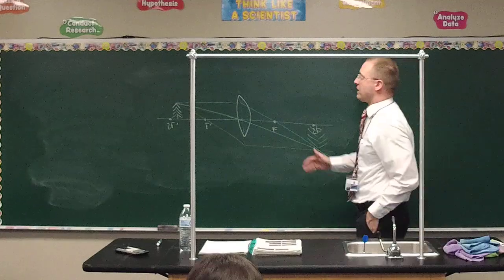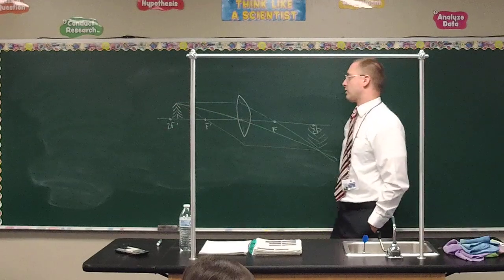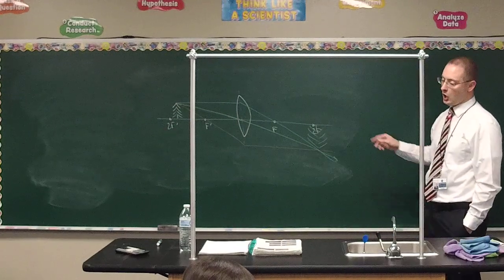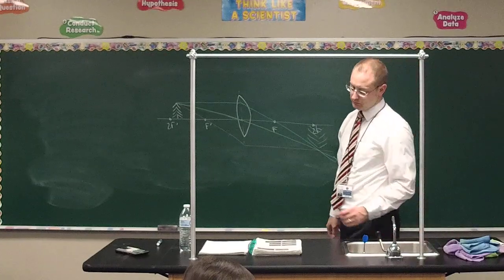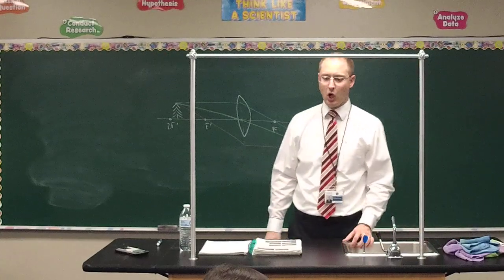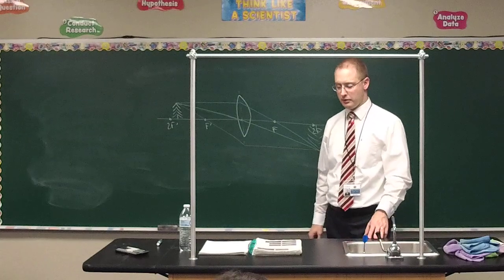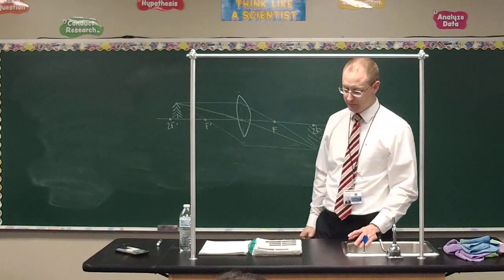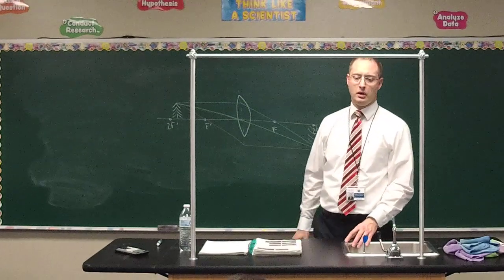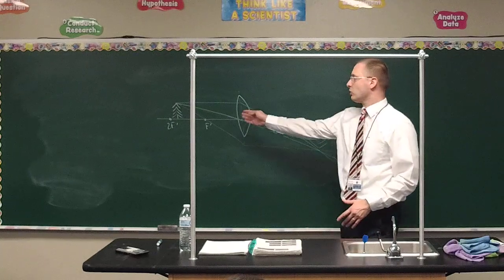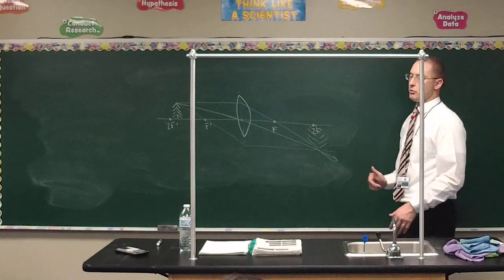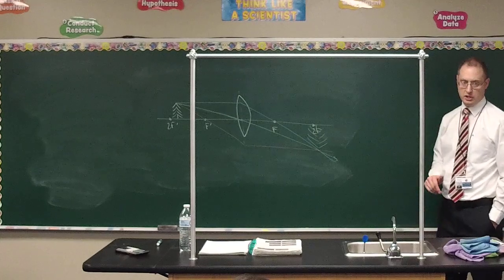If the object is between the focal length and double focal length, you get real, inverted, enlarged images.